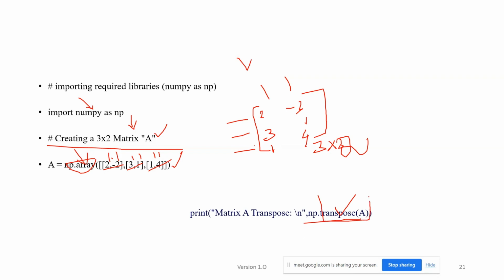Using the transpose function, we can convert rows into columns and columns into rows. We can convert a 3 by 2 matrix into a 2 by 3 matrix. So this is another function you need to remember, the transpose function, which is applied to a matrix. The same thing is performed on a vector using the reshape function.